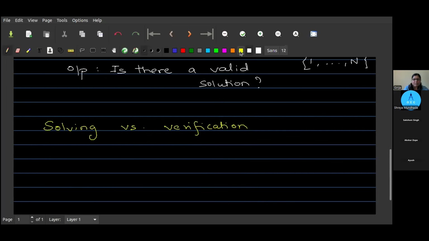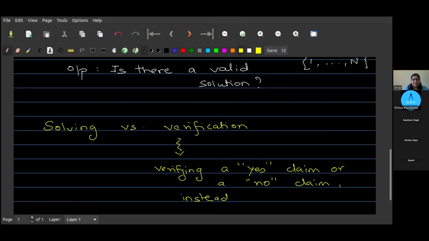Okay, so let me write this down. So what is verification? It's verifying a claim. It could be a yes claim or a no claim instead of solving it.